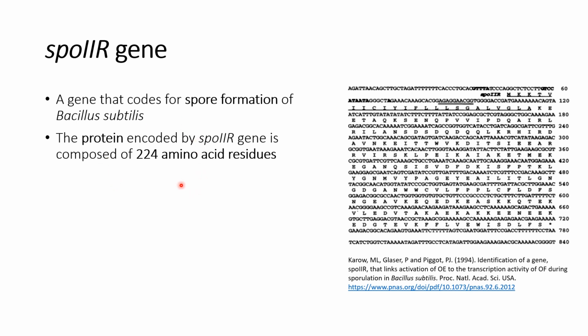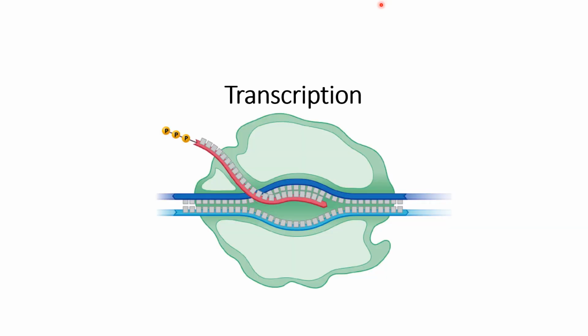Okay, transcription. So the information will now be transferred to mRNA. The mRNA will now undergo translation to form a protein needed by the bacteria. Okay, so paano ba yung process? So let's discuss step by step the process of transcription.